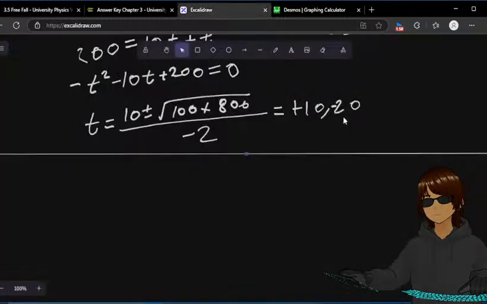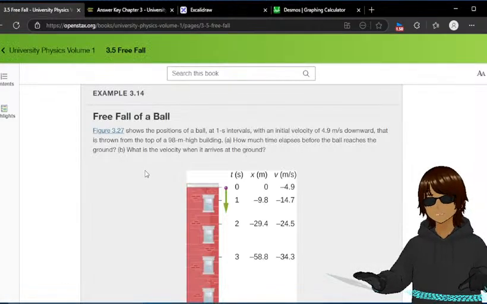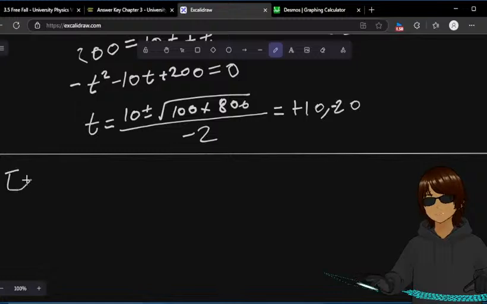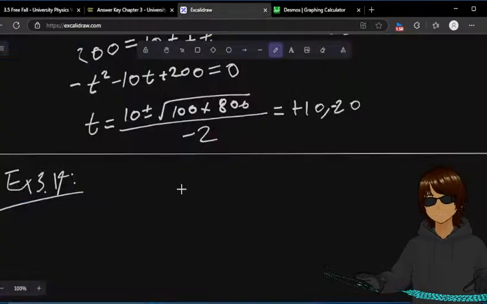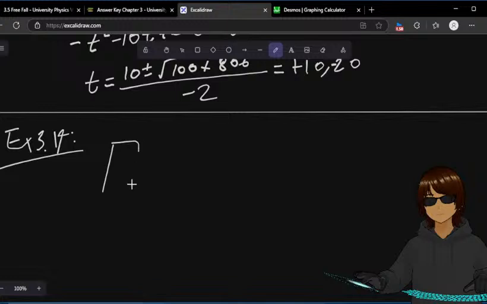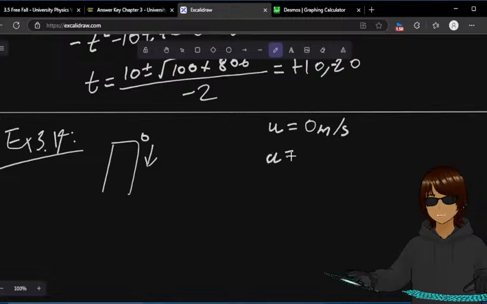So this is example 3.14. We have a ball going downwards. Acceleration is 9.81 meters per second squared.